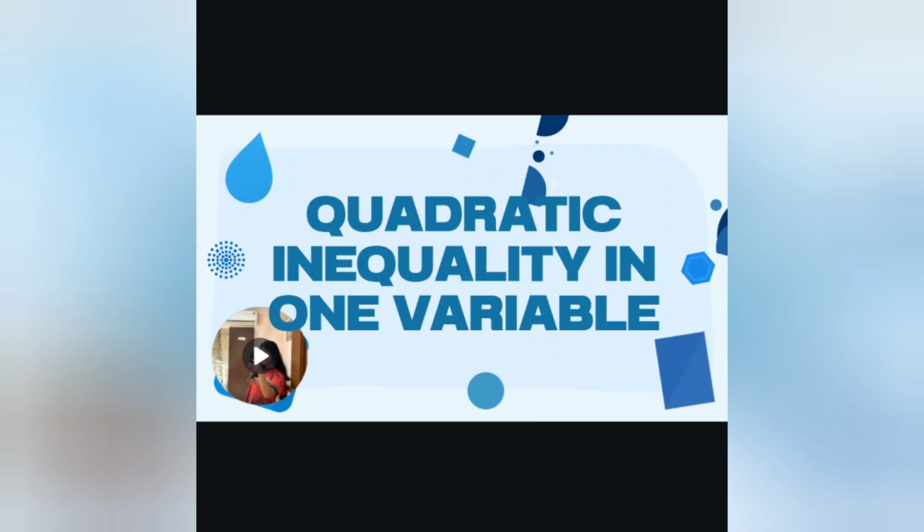Today, we'll be exploring quadratic inequality in one variable. In this lesson, I will be explaining what a quadratic inequality in one variable is, and I will be giving one example with a step-by-step solution guide. To solve a quadratic inequality, we need to use the interval testing method.